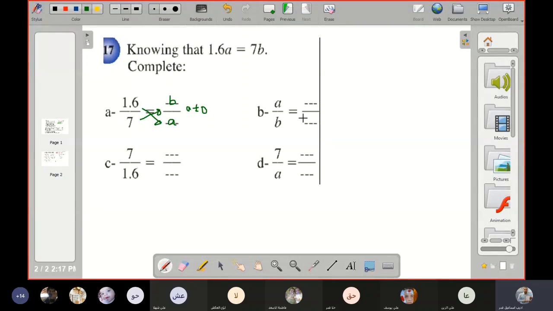Part B. Where do we put here? We have A over B. How do we distribute 1.6 and 7 here on the fraction to get, after cross multiplying, 1.6a equals 7b?